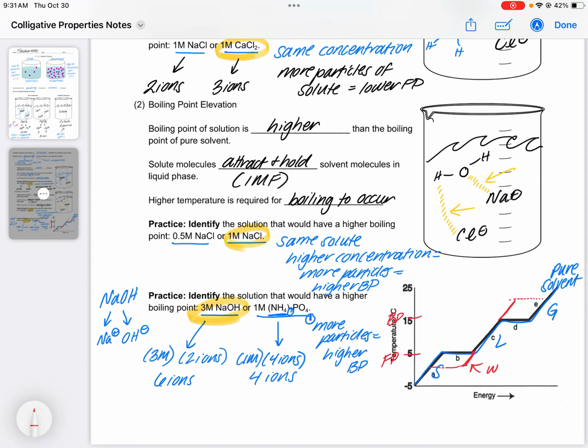So with solute added, we are elevating the boiling point and depressing the freezing point, making the liquid phase of the solution longer. There are more temperatures at which the solution is a liquid. So we call this an expanded liquid phase.